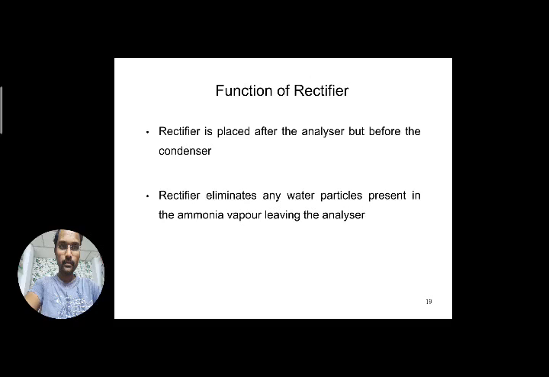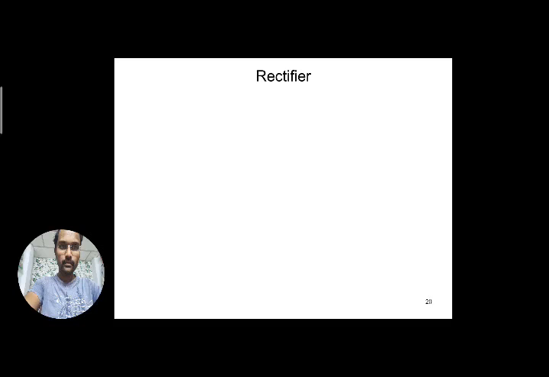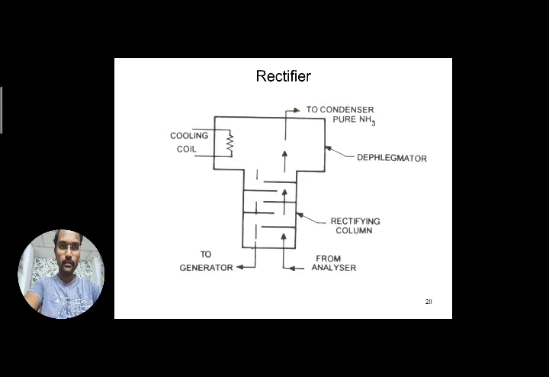This is the final, or second, stage of the removal of water vapor particles. Here again, a vertical column at the bottom, and here you can see a cooling coil provided in this, and a dephlegmator where you can accumulate all the vapor at the top of the rectifier.